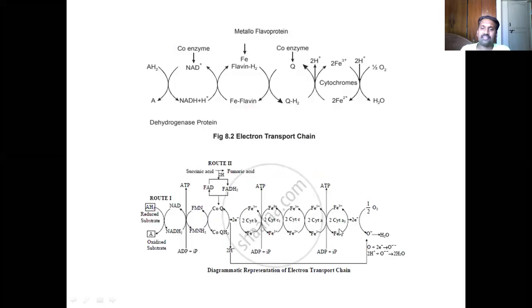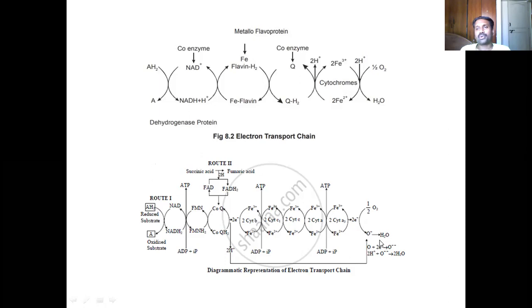What happens after complex 4? Where does the electron go? The electron from complex 4, from the cytochrome A3 of complex 4, is finally transferred to oxygen. So the O2 becomes H2O. If the oxygen gets electrons, it becomes an oxide ion. Immediately it combines with H+ in the cytosol, in the fluid around it, and becomes water.